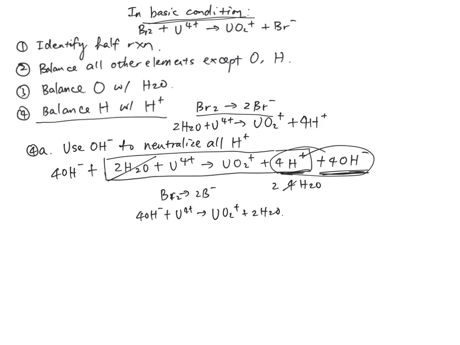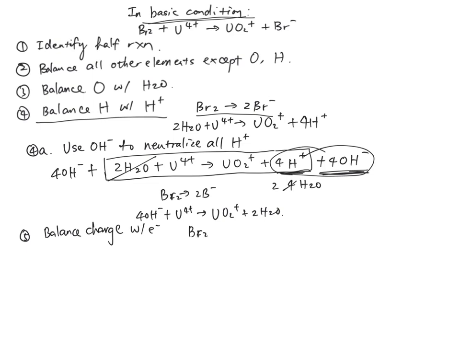And once you add this step number 4A and complete it, we're back on track. What's our step number 5 before? Step number 5 is balancing charge with electron. Okay, so let's do that.